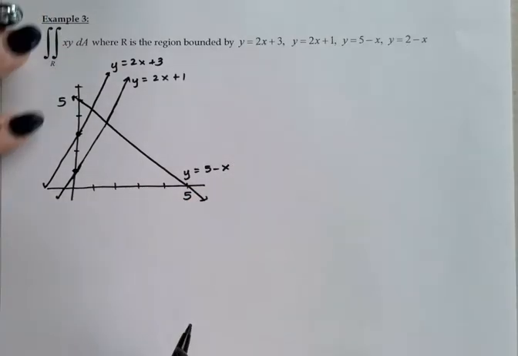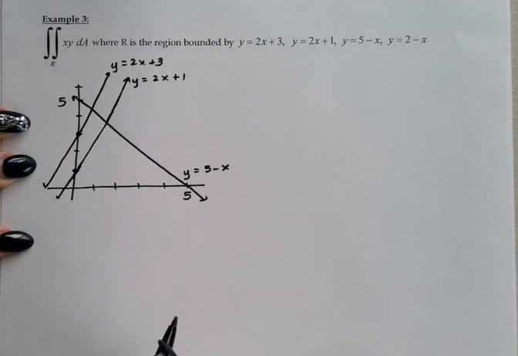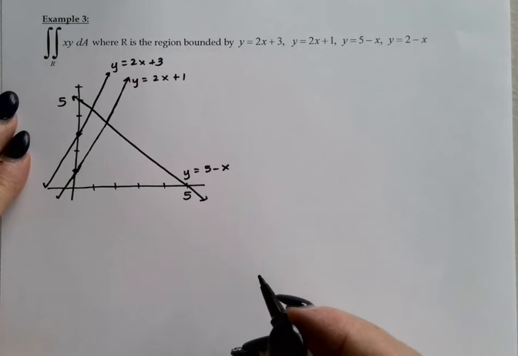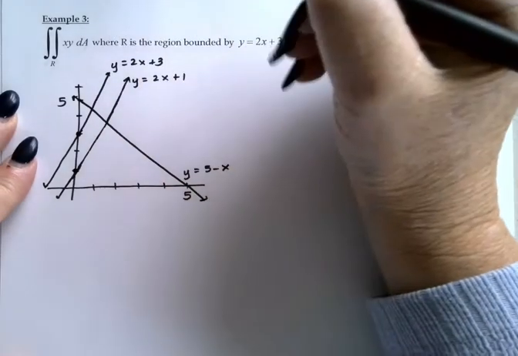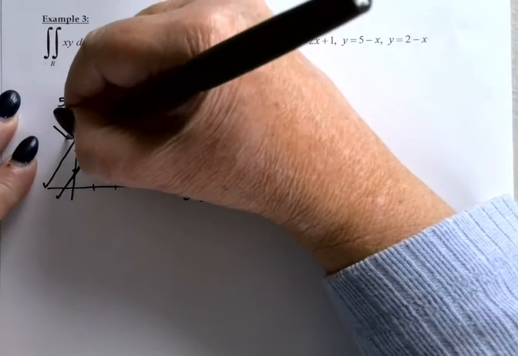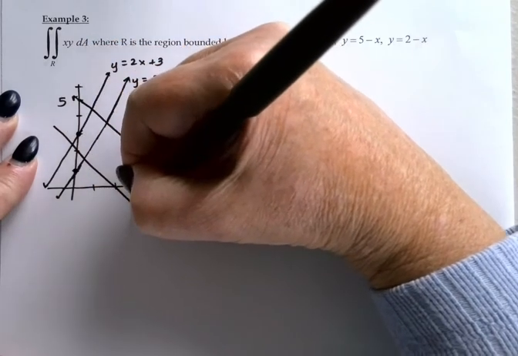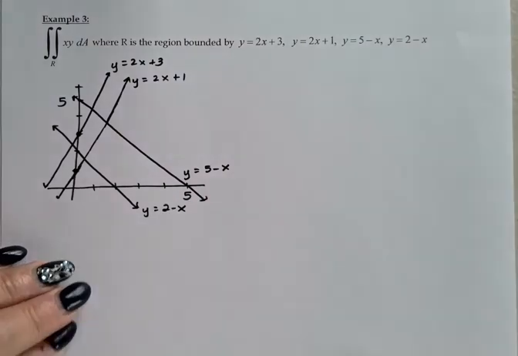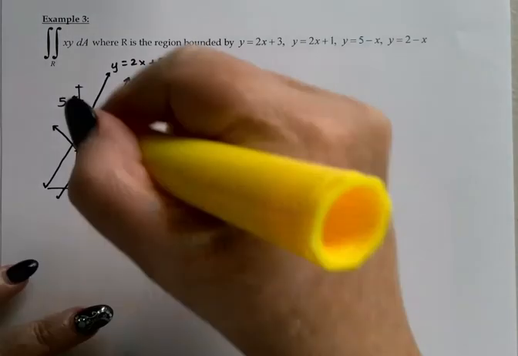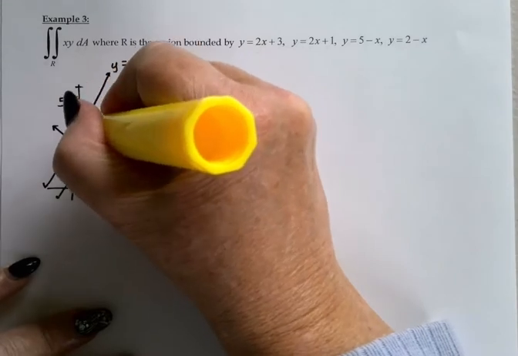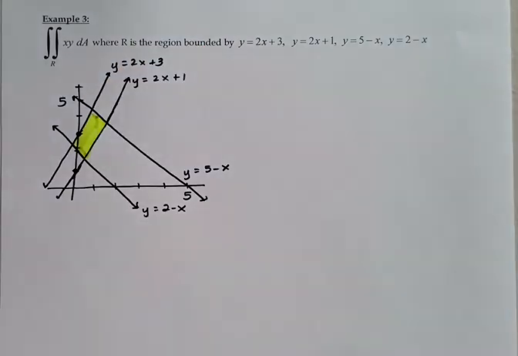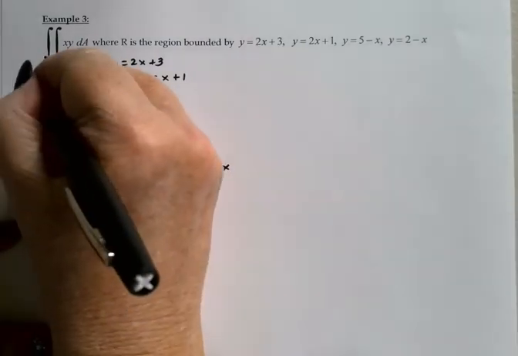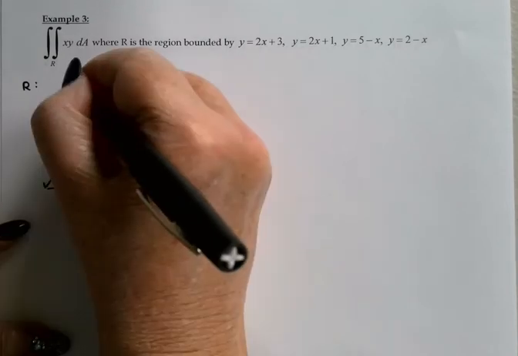And then y equals 2 minus x. So this is our region R, in between all of those, the region bounded by them. So this is R, and we are in the xy plane.